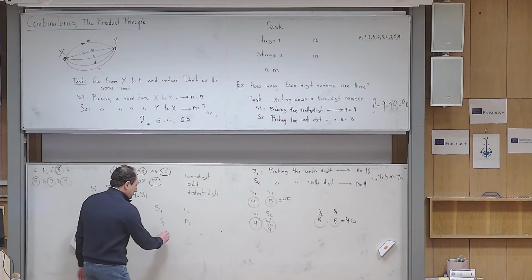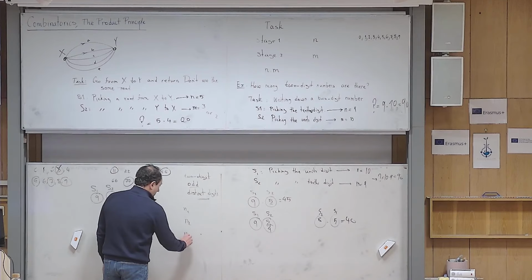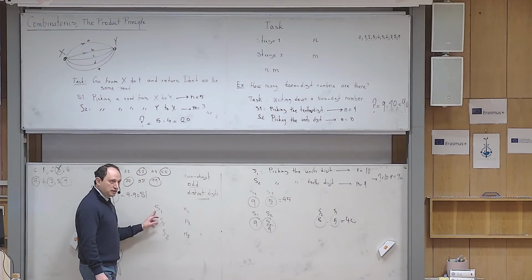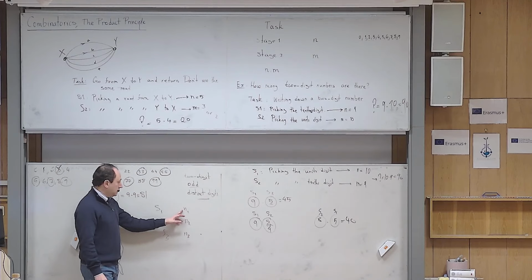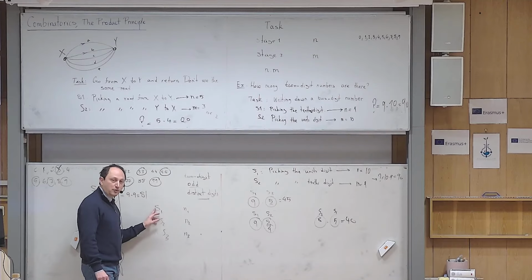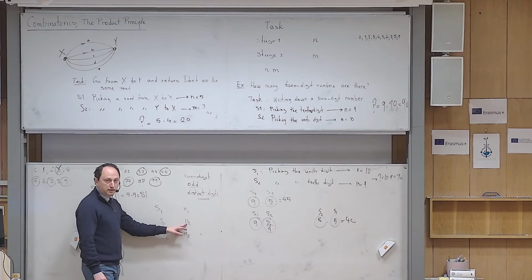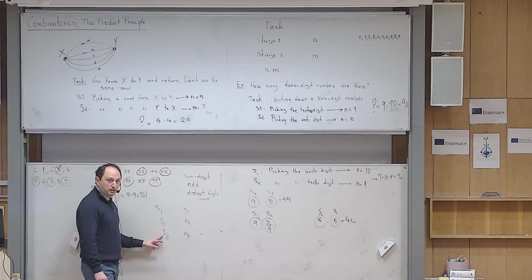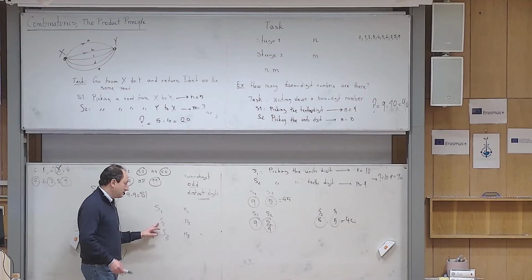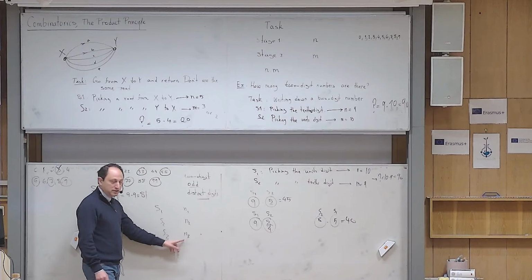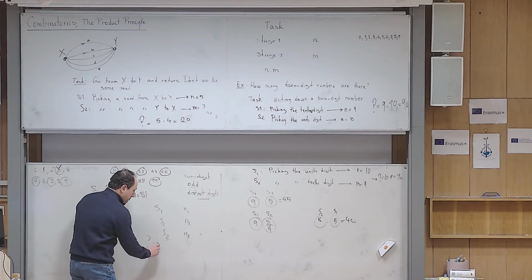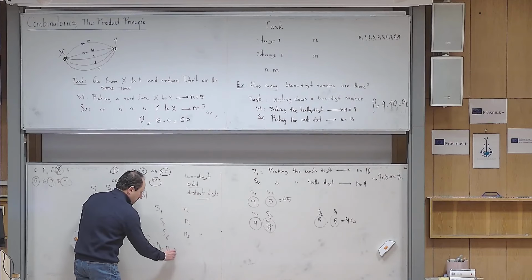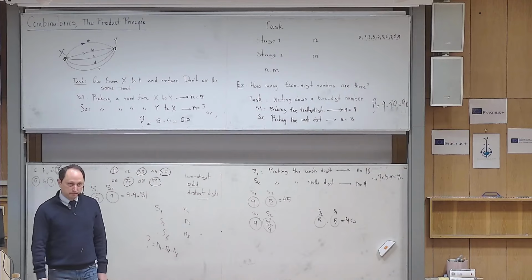So let us repeat. Stage 1 can be done in n1 ways. Stage 2, after stage 1 is done, independent of how it is done, can be done in n2 ways. And stage 3, after stage 1 and stage 2 are done, independent of how they are done, can be done in n3 ways. Then in total, the task can be done in how many ways? In the multiplication of them.